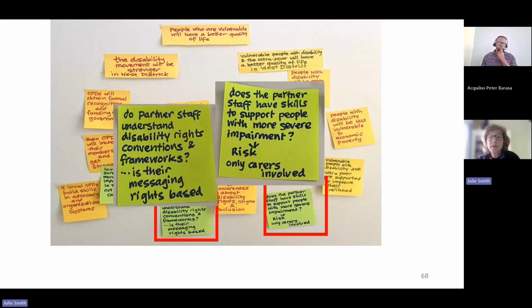We're making some assumptions here. Does CBM need to do a bit more training with those partner staff, around preconditions for inclusion, rights-based approach, things like that? Do we need to put in some more training here?